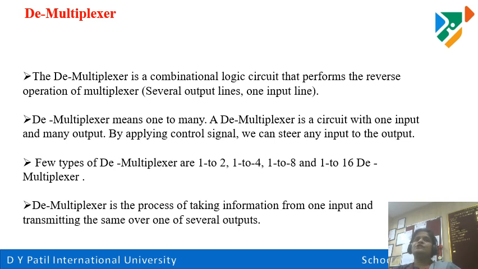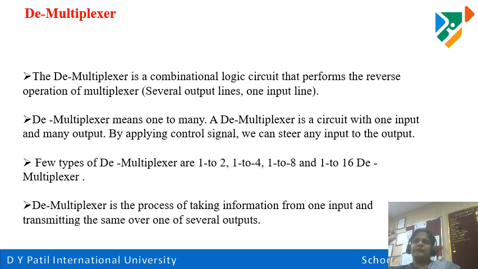Similarly, a 4:1 mux has four inputs, and out of the four, one input will be selected at the output. Hence, it is called a 4:1 mux. In the case of a demultiplexer, we say it the reverse way. The types of demultiplexers are 1 to 2, 1 to 4, 1 to 8, 1 to 16, 1 to 32, like that. What is the meaning of it?